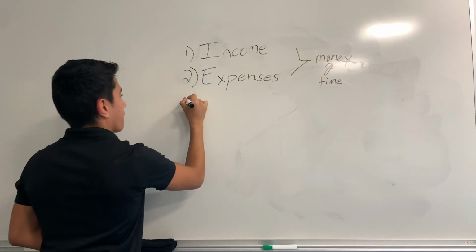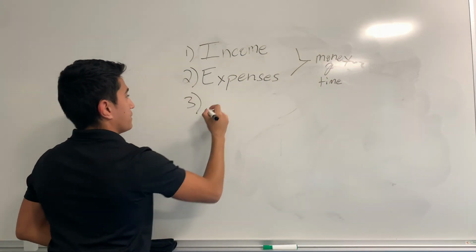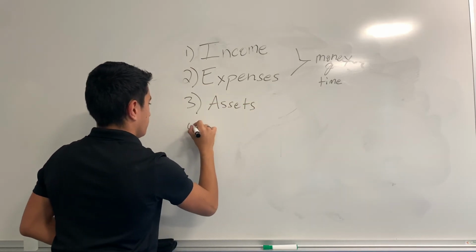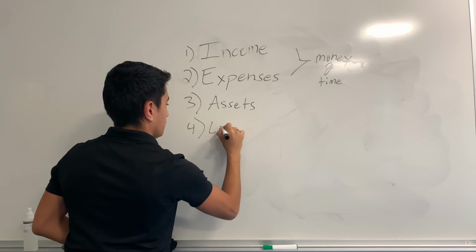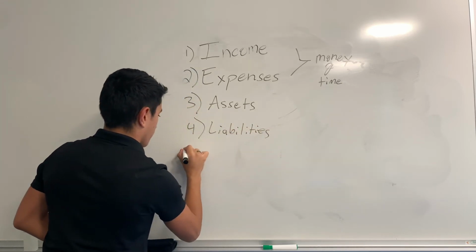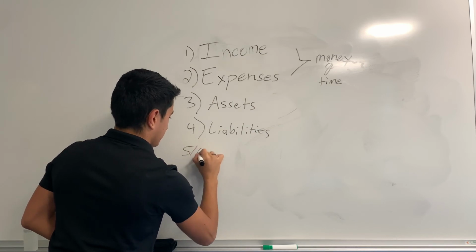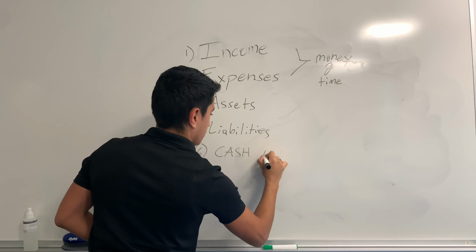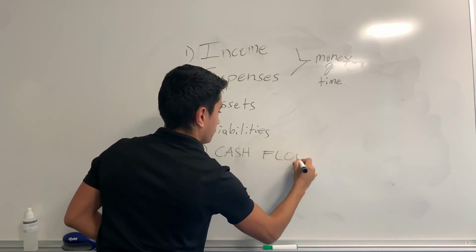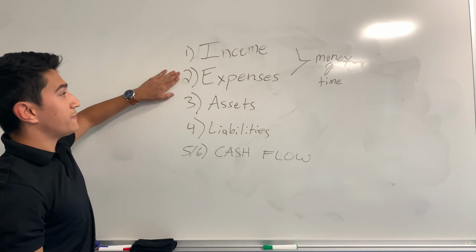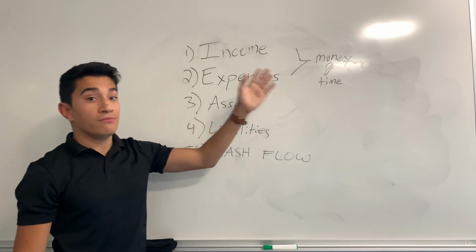All right. 3, assets. 4, liabilities. 5 and 6, cash flow.